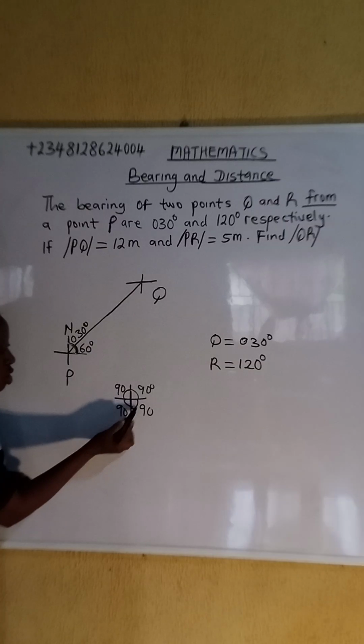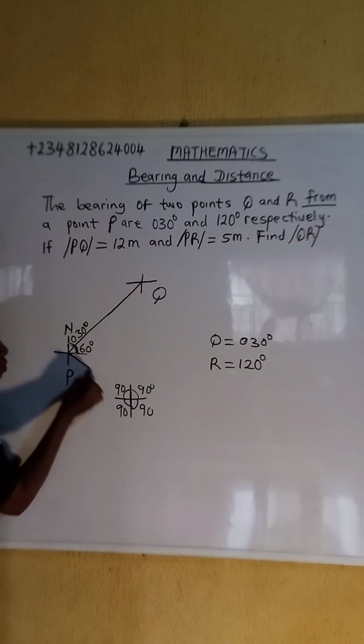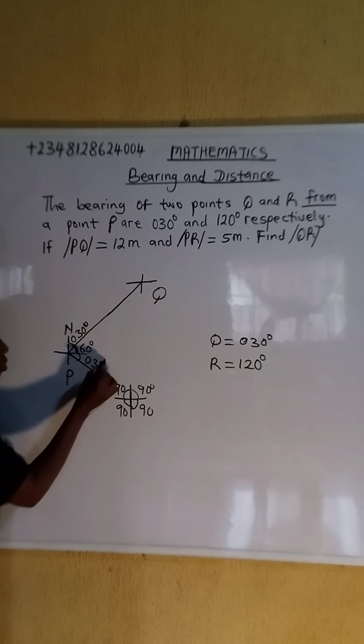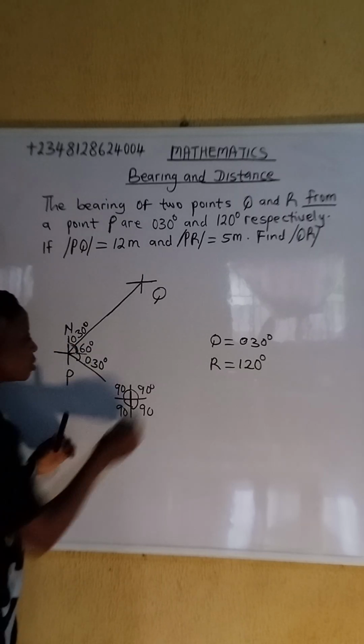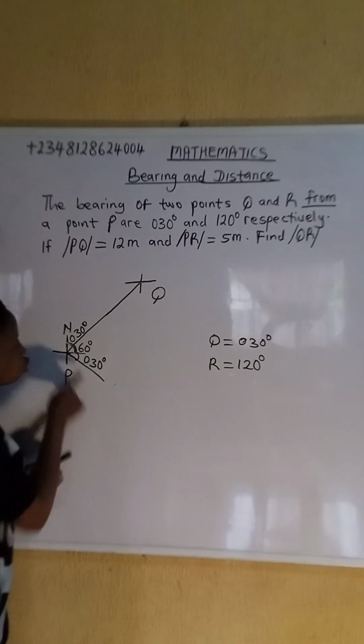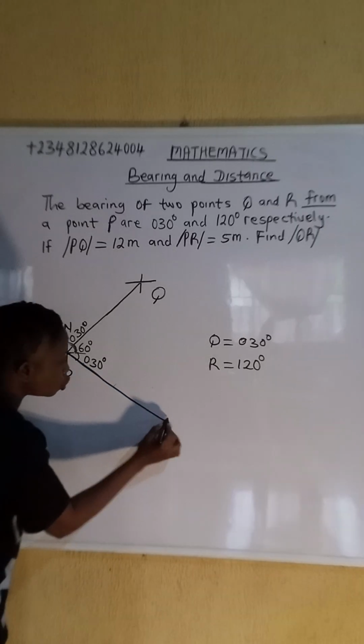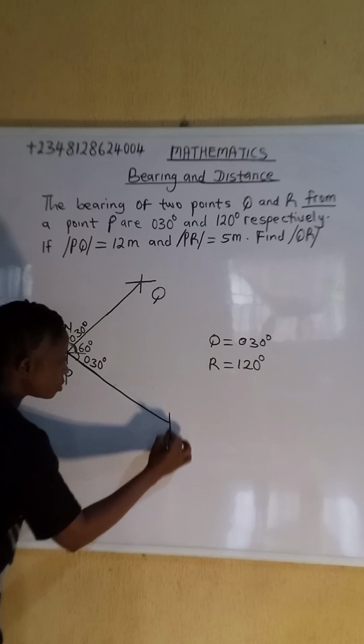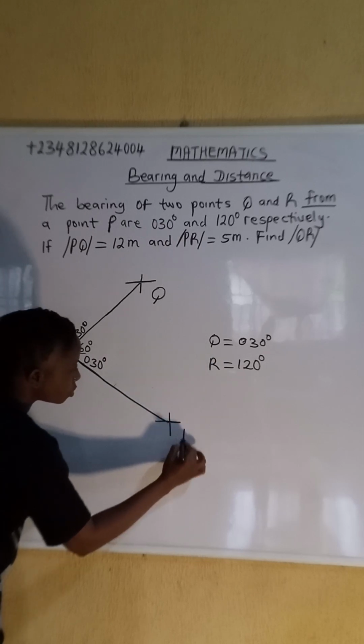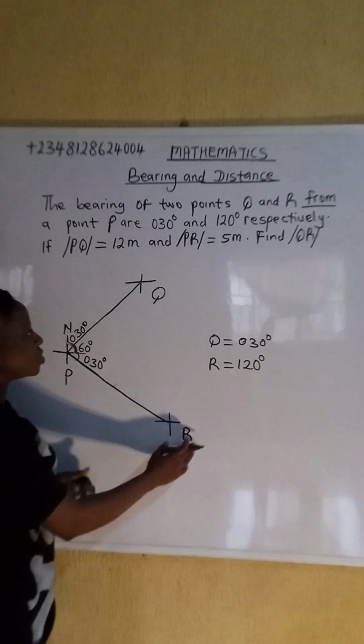So out of this second 90 degrees, I'm going to take 30 degrees. So this is an angle of 30 degrees to R. So this is point R.